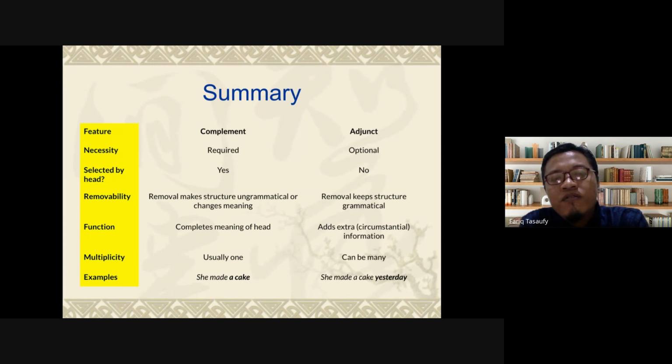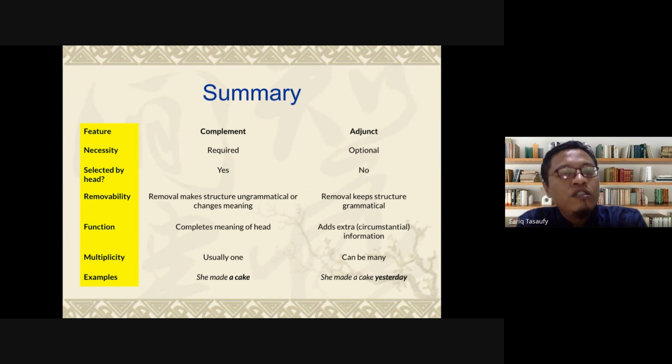So the removability of a complement will influence the change in meaning and also the grammatical structure. But for an adjunct, removal keeps the structure grammatical. Even though you remove the adjunct, it's still complete, understandable, and still according to the English grammatical rules or standard.